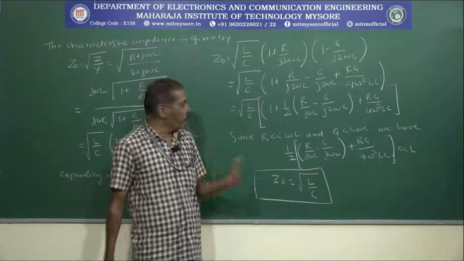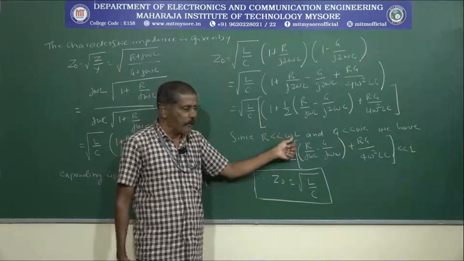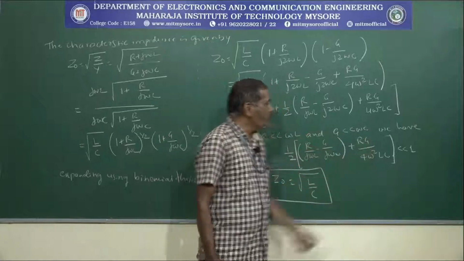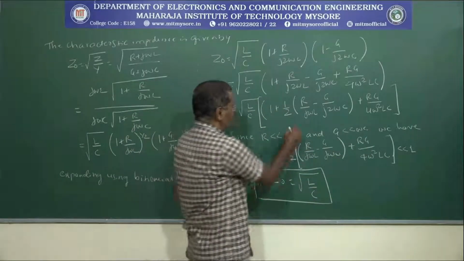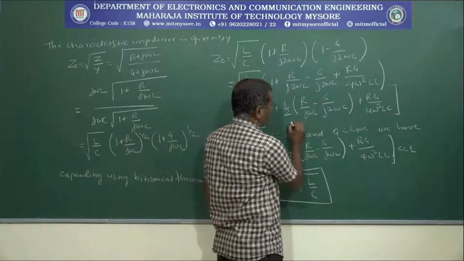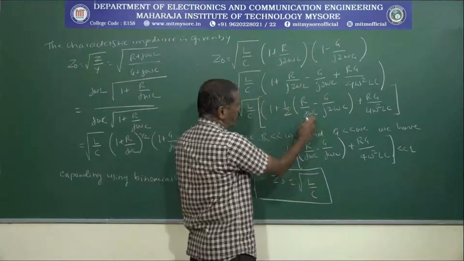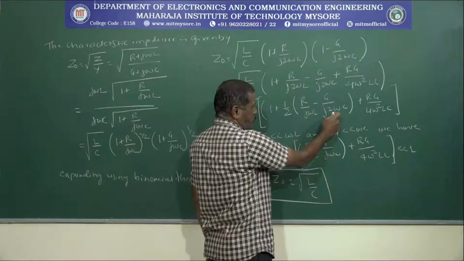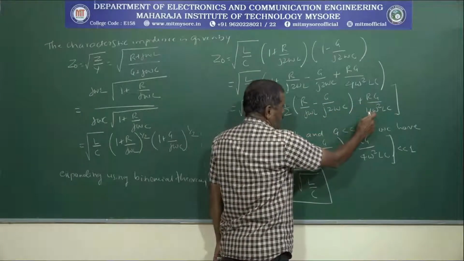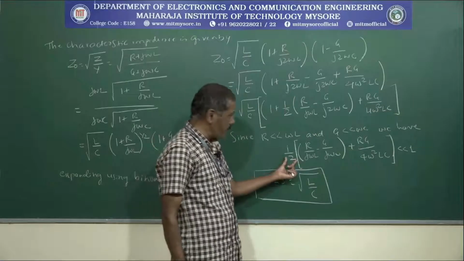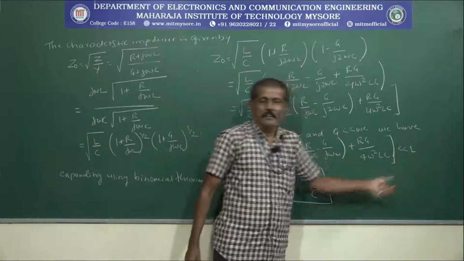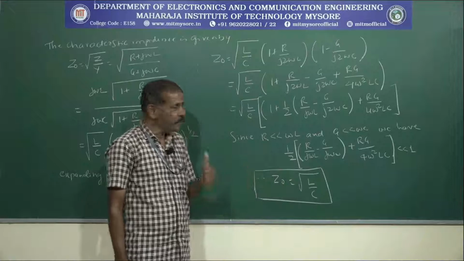Now, as you know, R is very much less than omega L and G is much less than omega C. If that is the case, then in this equation, the term 1 by 2 R by j omega L minus G by j 2 omega C plus RG divided by 4 omega square LC is very much less than 1.